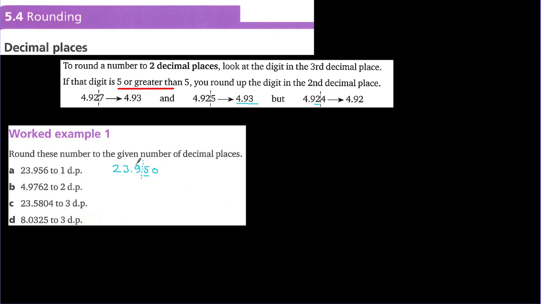When I round up this one, it's going to be 10, and it's going to be 24.0. The answer is 24.0, because this is 9, and when you round it up, it should be 24.0.